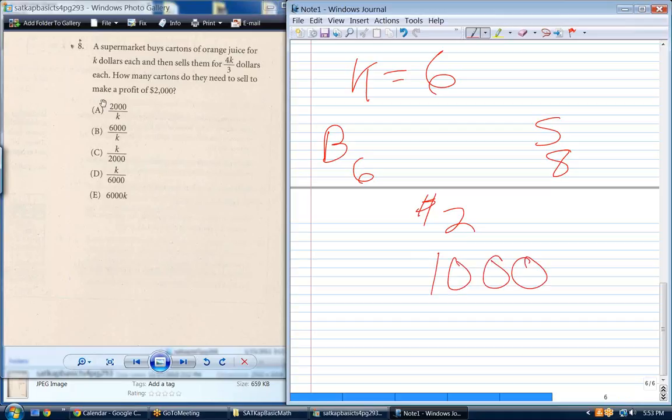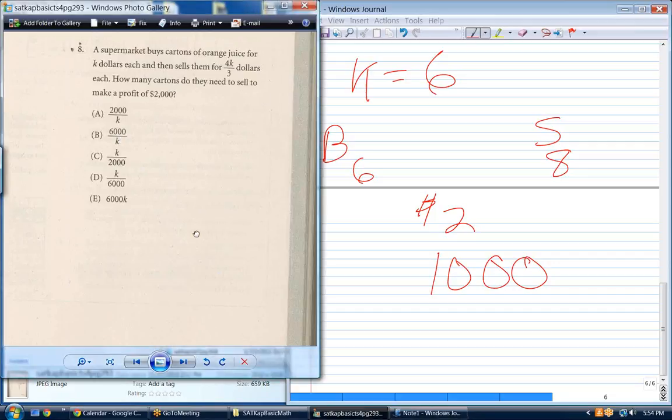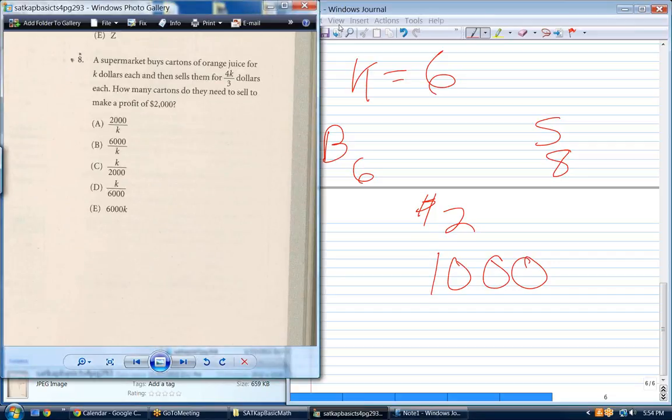So now we go through our answers, and whatever equals 1,000 when I plug in K equal to 6 is my answer. Again, B. When I plug in K as 6, I get 1,000, and it's the only one that I do. So it doesn't matter what numbers you pick, except you want to pick numbers that make the math easy to do. Usually, that's the key as far as picking numbers goes. Okay.